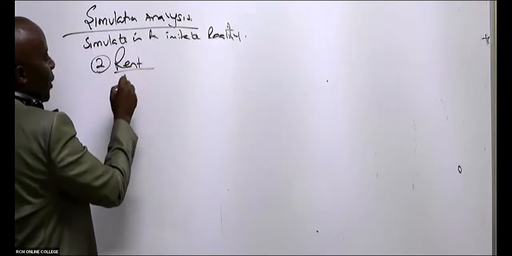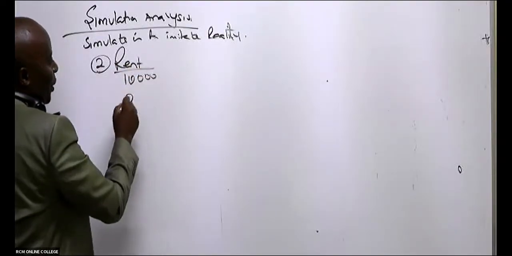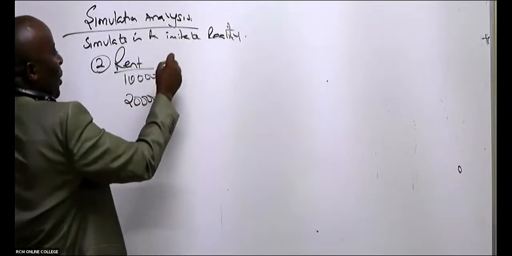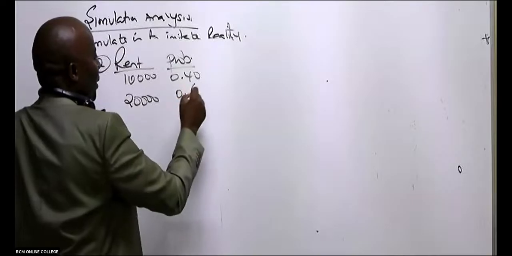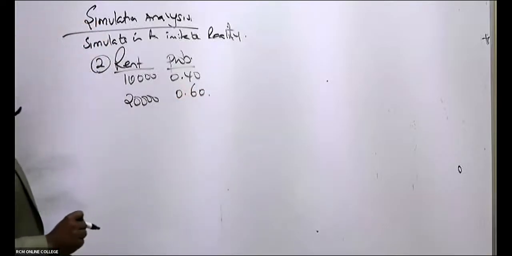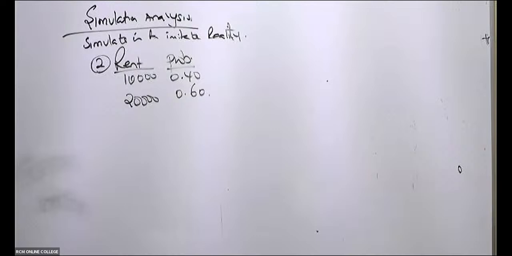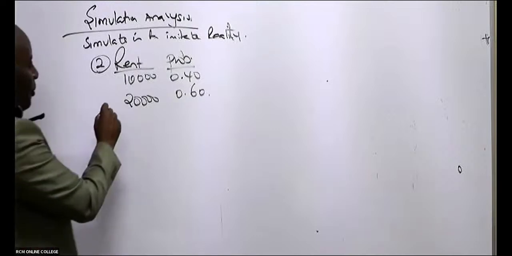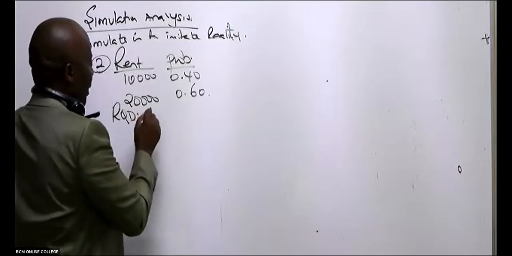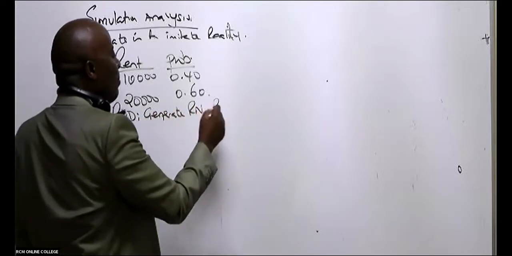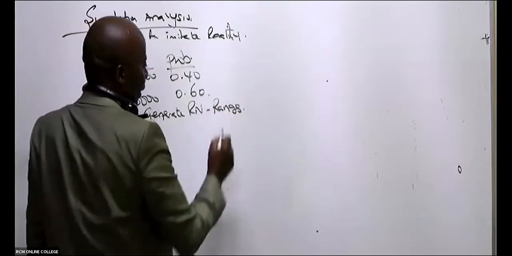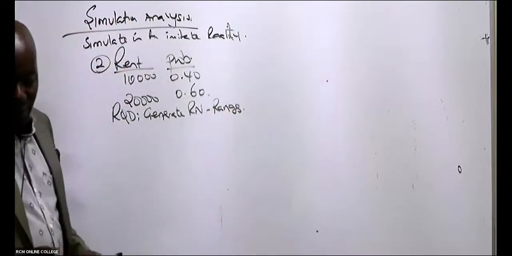So assuming I take a space that will cost me 10,000 or 20,000, and then we have probabilities: this is 0.40 and this is 0.60. You are required to generate random number ranges. Very easy.